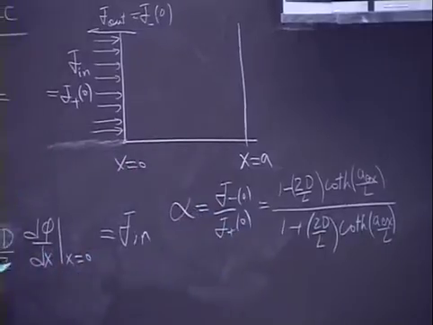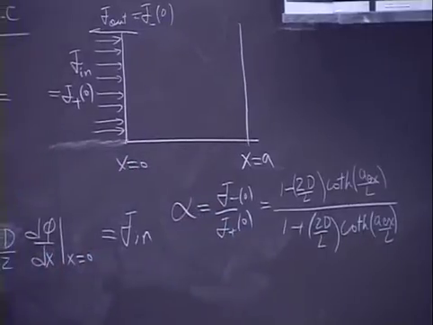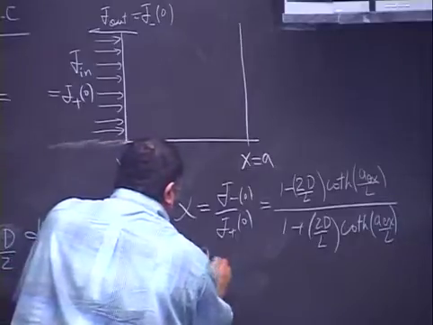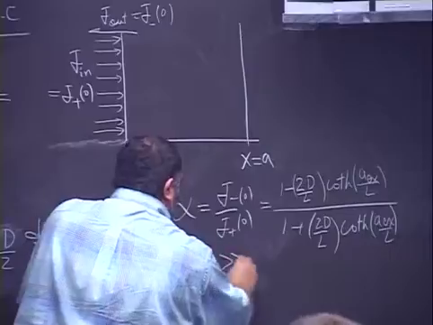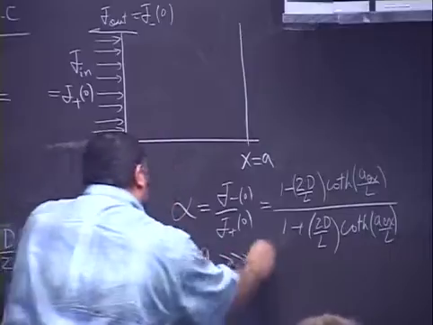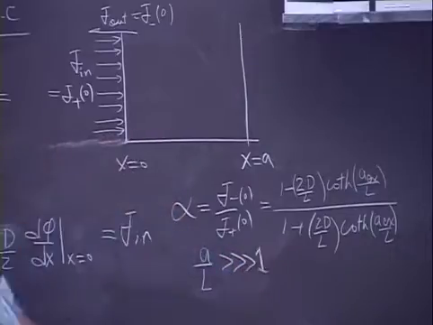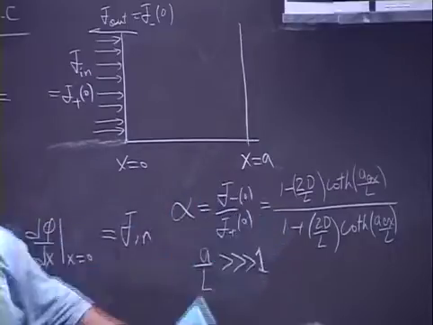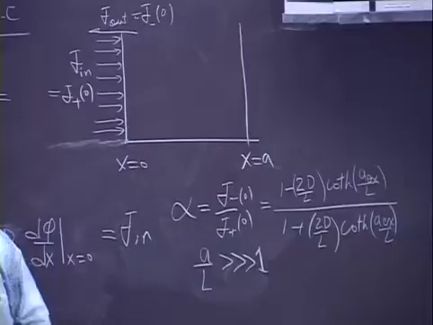So what if A over L becomes very large? That is, the thickness of the slab becomes very large compared to your diffusion length.